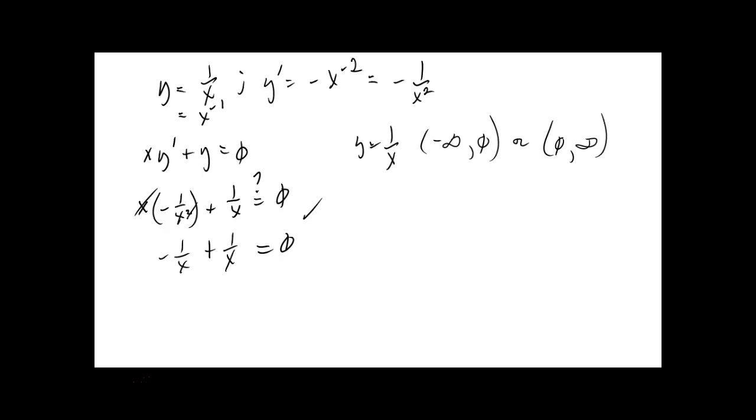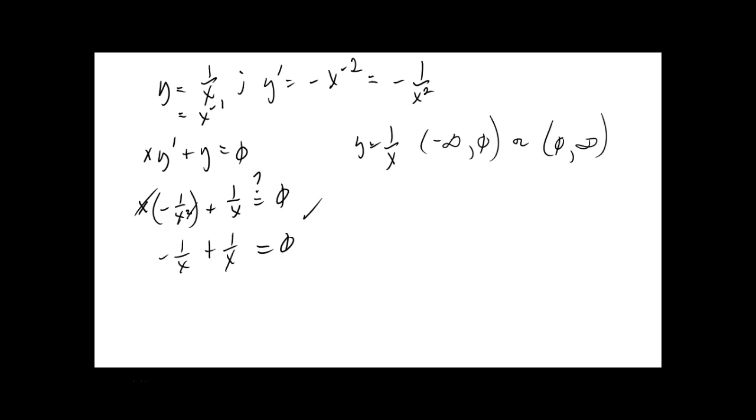So you have to specify an interval, and on this one, you can't just leave it there and say all real numbers, or assume all real numbers. It's not. It has to be some interval that's strictly on the negative or strictly positive. It cannot include 0 on the interval. Okay.